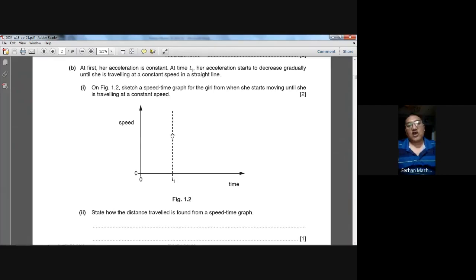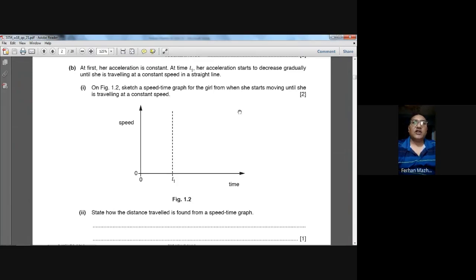It shows a constant acceleration. The gradient of the speed-time graph is equal to the acceleration. If the acceleration is constant, I will draw a straight inclined line whose slope does not change. Then after I touch this dotted line, I will draw a decreasing curve, and I will decrease it until it becomes horizontal.